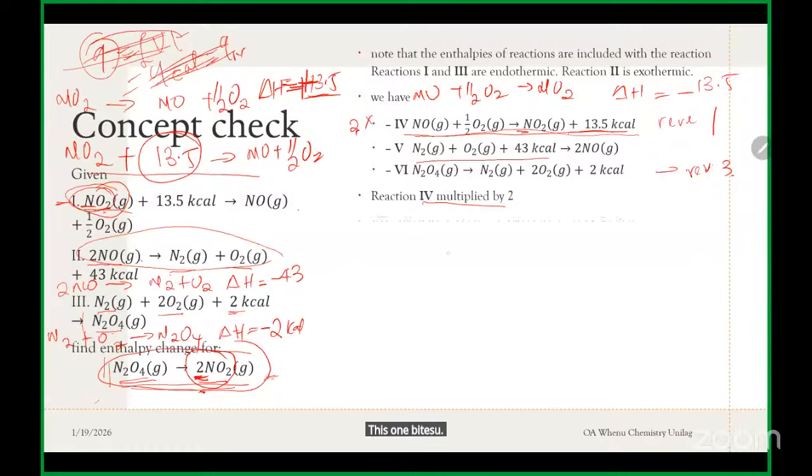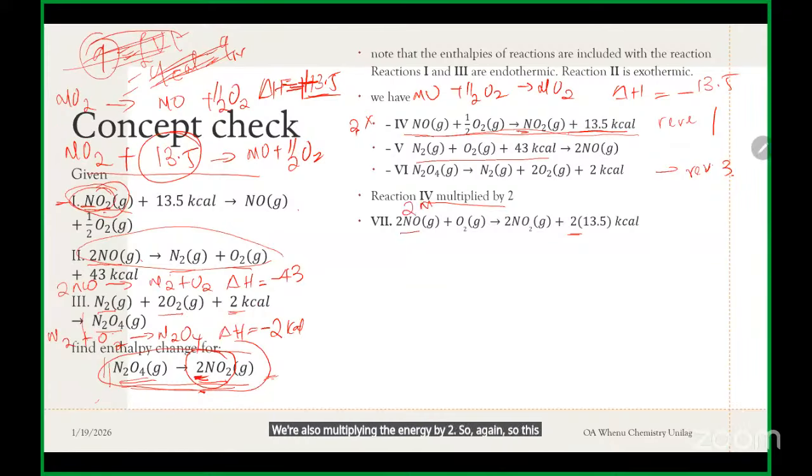Once we multiply it by 2, we also multiply the energy by 2. So again, this is 2NO plus O2 to give 2NO2, and delta H is now minus 27, which is equal to 2 times 13.5. Fantastic.